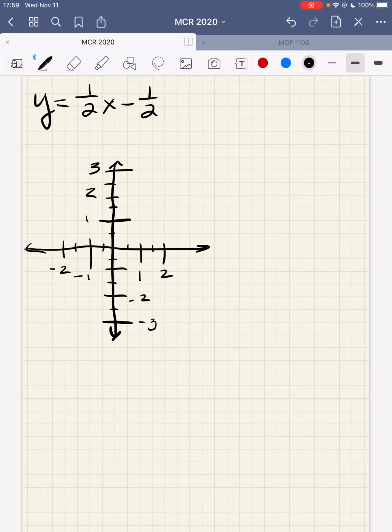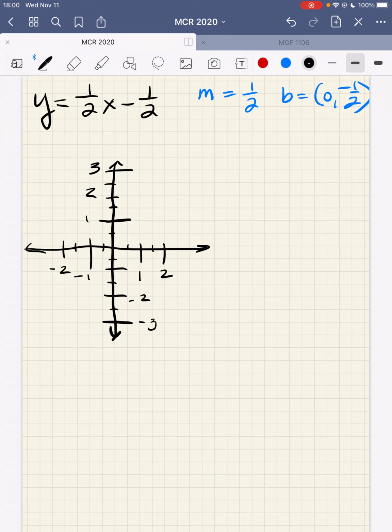Now I see that, first of all, my slope is 1/2, and my y-intercept is (0, -1/2), okay? And so I know that I'm going to have to graph in halves, which is totally acceptable and totally something you should expect to be able to do. And so what I did is scale my graph accordingly.